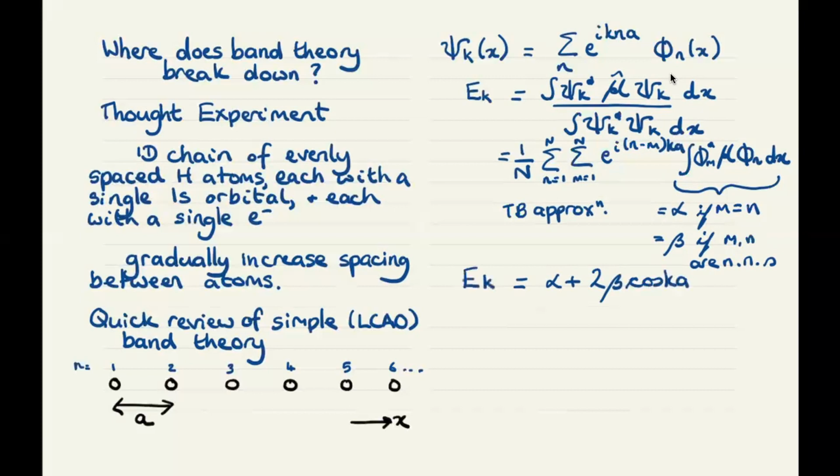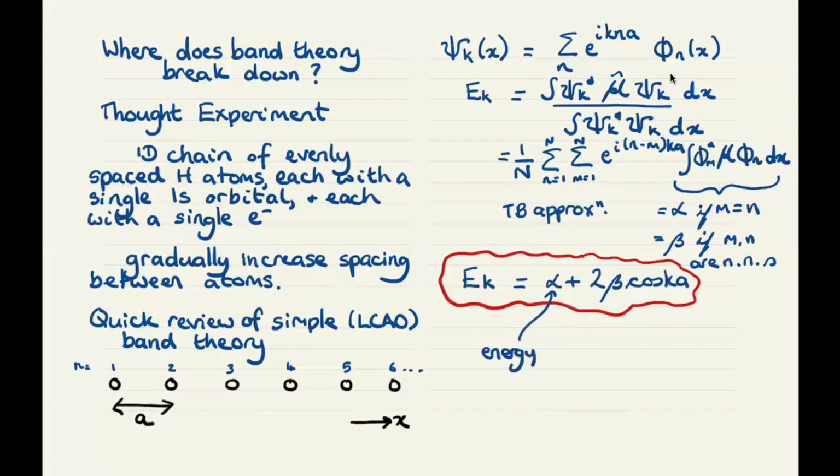So the energy of the kth energy level is equal to the energy of an isolated hydrogen atom plus a term which depends on how strongly the adjacent hydrogen atoms are interacting with each other.